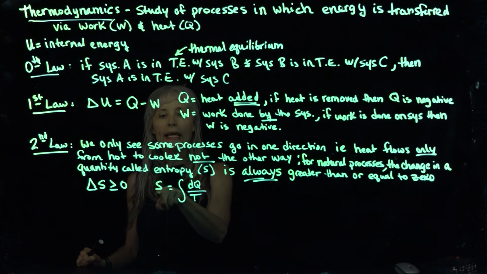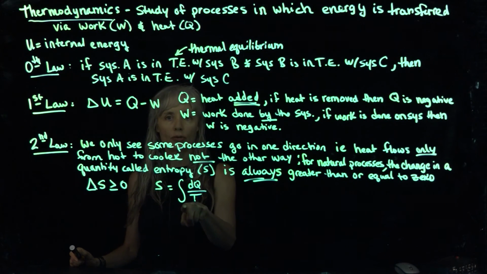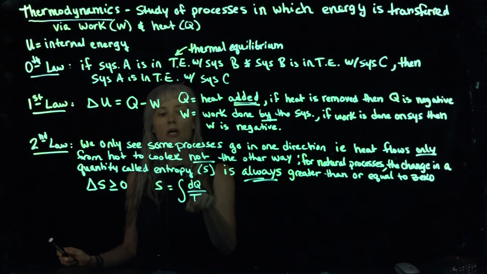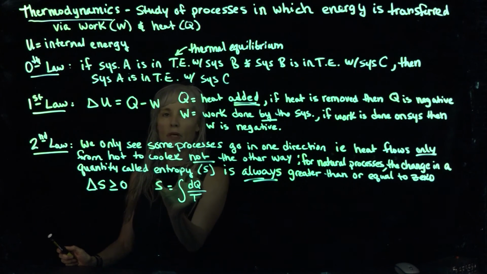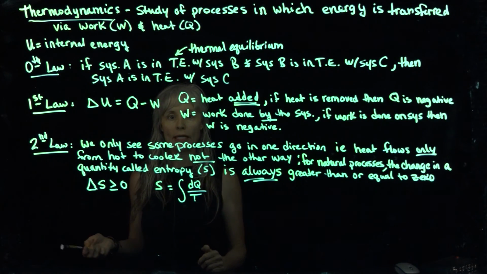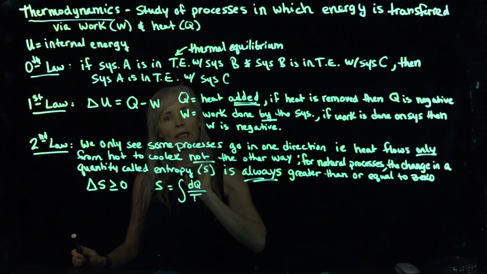So entropy is defined as the integral, and that's the area under the curve, of dQ divided by the temperature T. So this is obviously something we're not going to be using in this class. I just wanted you to see that that's what it is. And we won't be doing a whole lot with this. We'll be doing a little bit.